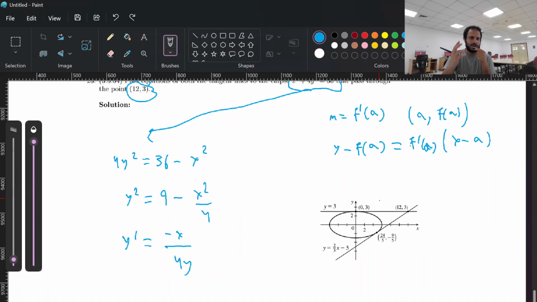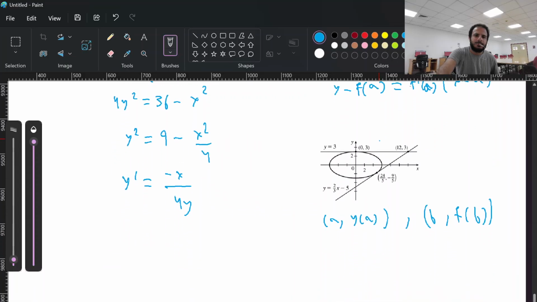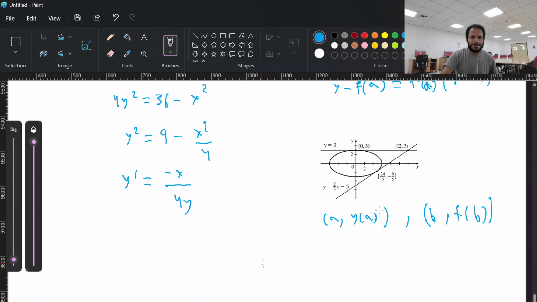So we want two tangents, right? So we have point A, f of A, let's put it y of A, okay? And we have point B, f of B, right? We have two tangents.